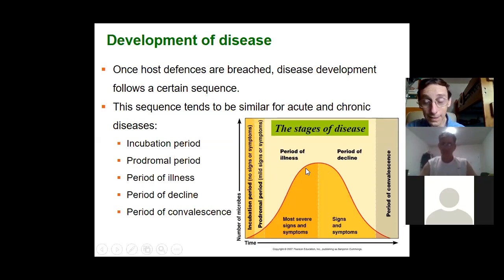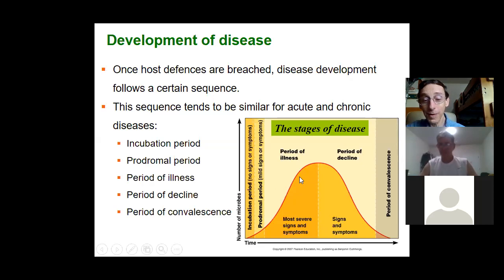This is not seen in children. They are communicable in every period, and they're most communicable in the period of illness. The children are probably not worried about getting their adults sick, and so they're not mounting an immune response, and so they're most communicable here.